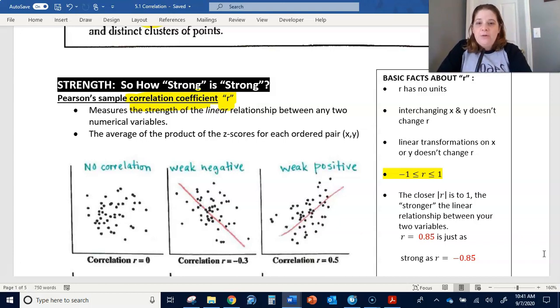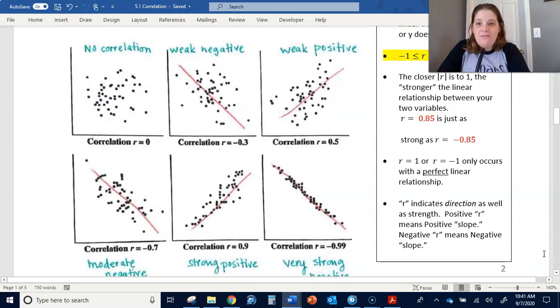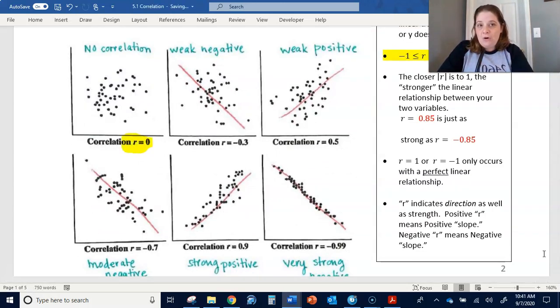Okay, here I've got a couple of scatter plots with their R values calculated on here. If something has no correlation, you're going to have an R value of 0, or something very close to 0. The closer it is to 0, the weaker that relationship.